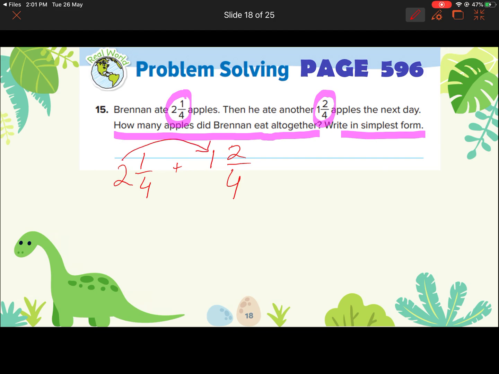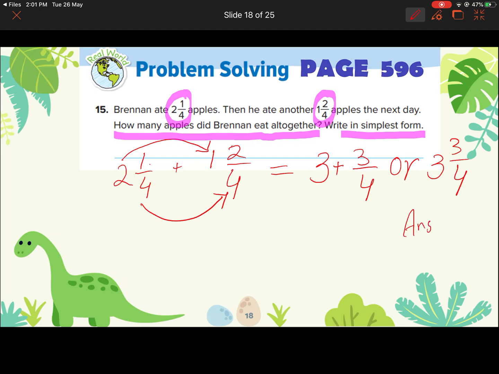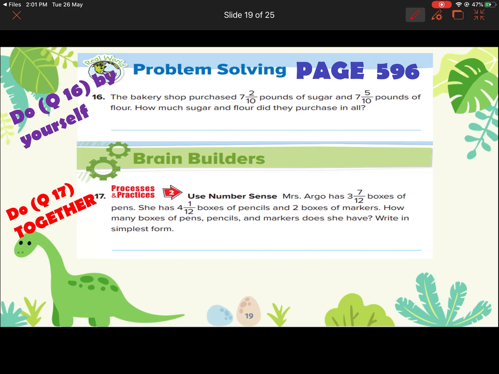Add the whole numbers, you get 3, and add your fractions, top by top, you get 3/4. Or you can say that 3 whole and 3/4 is our answer, which is in the simplest form because the GCF is 1 here for 3 and 4. Okay, dear?